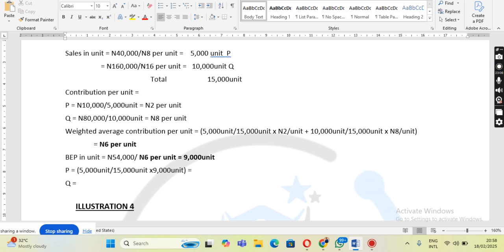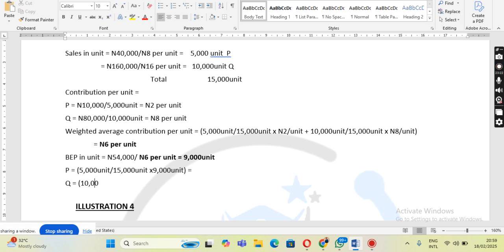So you use the sales in units mix to get the percentage of P, then multiply it by the units, and you do the same thing for Q.